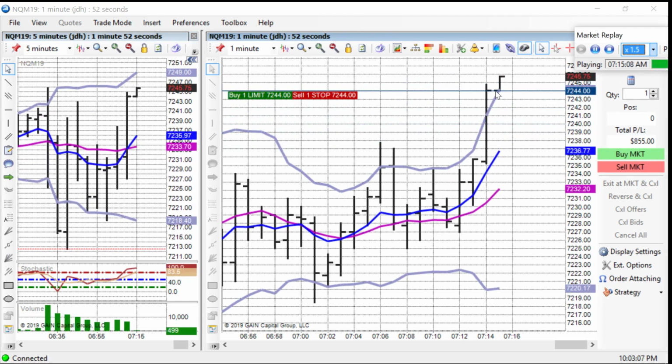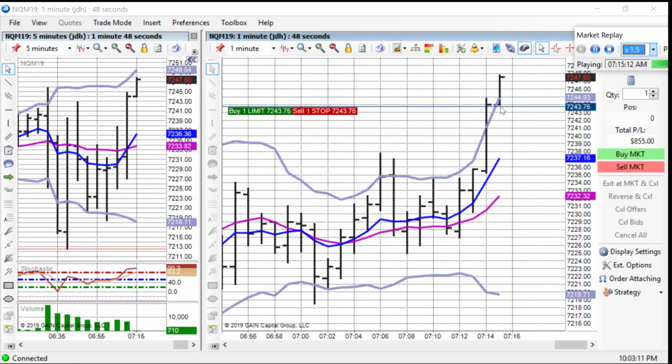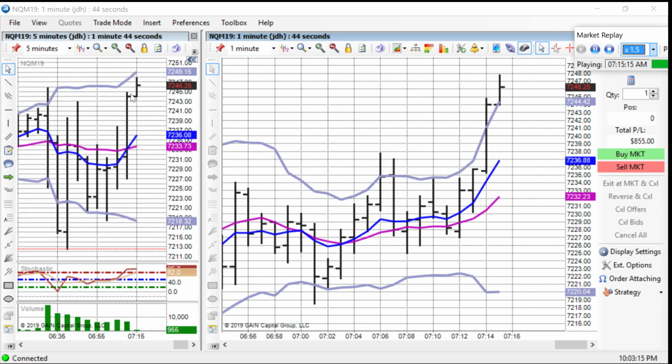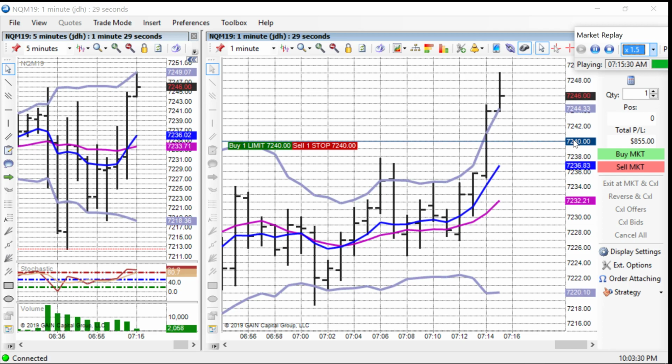We're getting outside the upper Bollinger Band here. We know we can't be a buyer here, but we're also getting a break above the previous high of the previous price bar on the 5-minute chart, and we've got the new 5-minute bar.